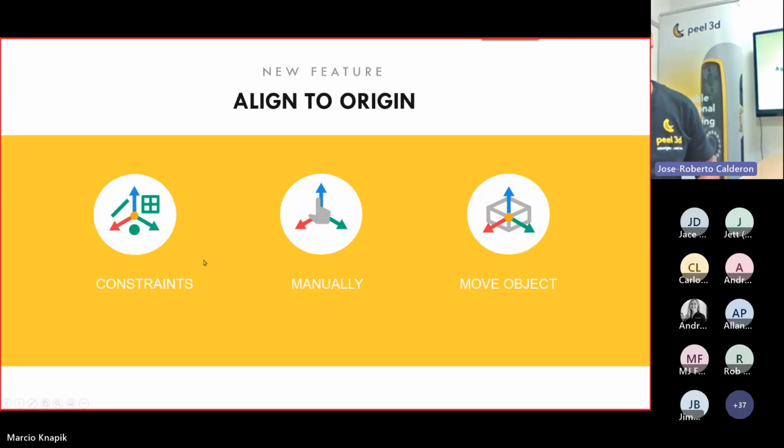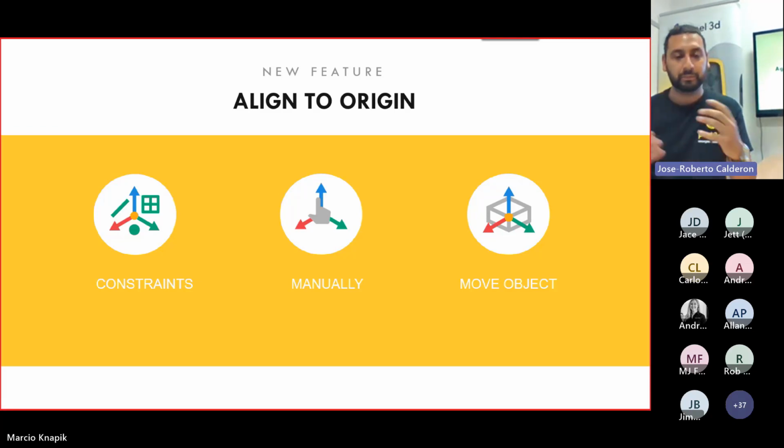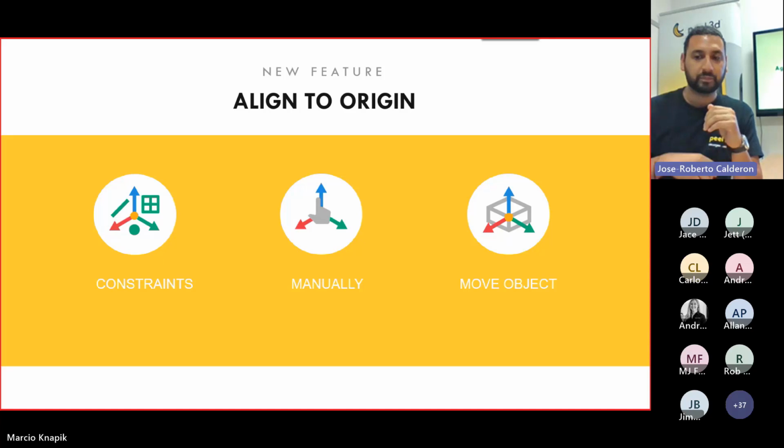So for years, our align to origin has stayed the same with the constraints and the manual selection, the manual movement. With constraints, you can constrain using the entities that you want, using a line, using a plane, a point, and things like that.